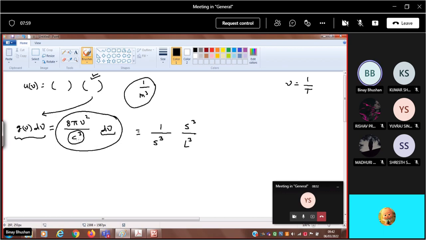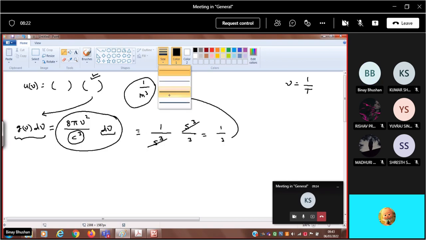That is c cube. So second cube and second cube will get cancelled and we will be getting 1 by length cube, so that is 1 by meter cube. I should have written here meter cube instead of length actually. Okay, so this is meter cube.